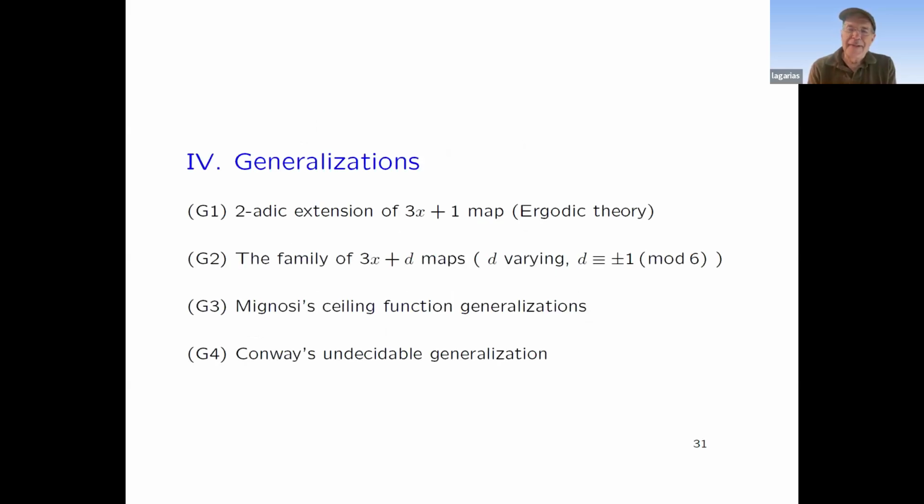Okay, there's a nice generalization to the two-adic integers. The map is ergodic, strongly mixing, and so on. I'd like to say something about the 3x plus d maps, where we replace 3x plus 1 with 3x plus d, where d is relatively prime to 2 and 3.